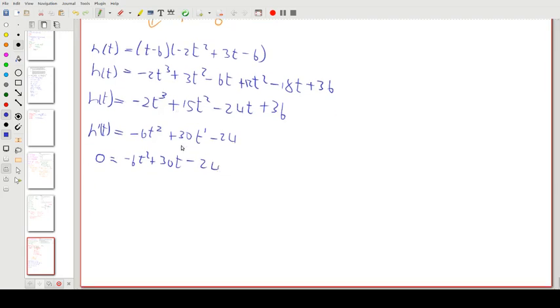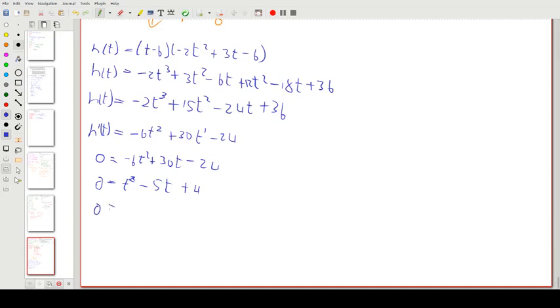This is just solving a normal quadratic trinomial. I'm going to first divide everything by 6 just to make it slightly easier. So 0 equals negative t squared. Actually, I'm going to divide everything by negative 6 to have a positive t squared. So t squared minus 5t plus 4.